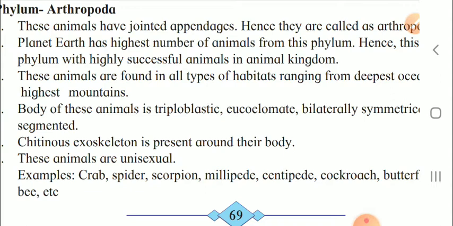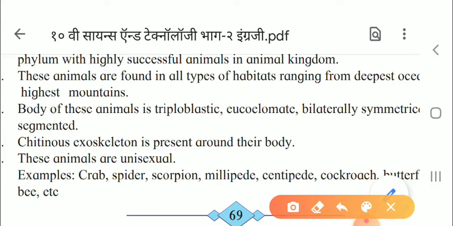So this point also you have to remember, children, that this chitinous exoskeleton is present around their body.